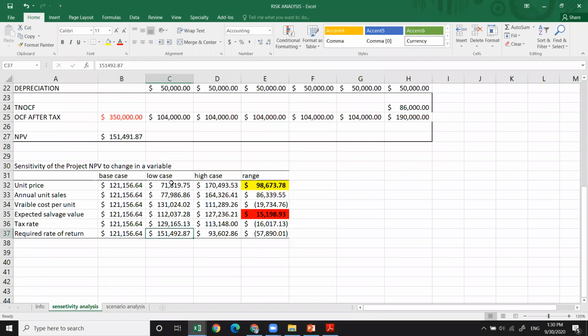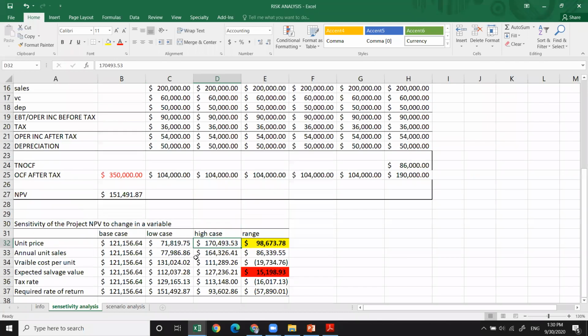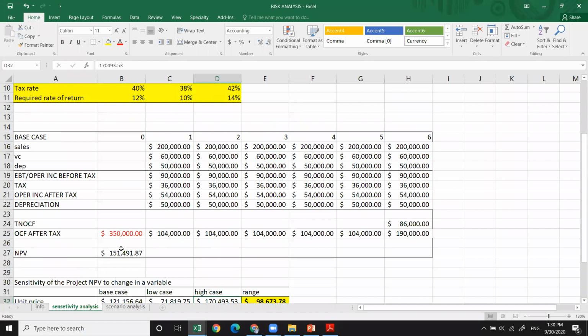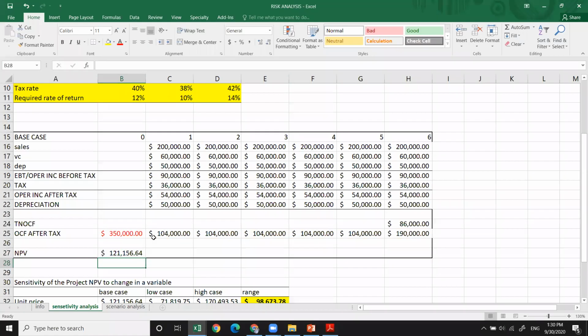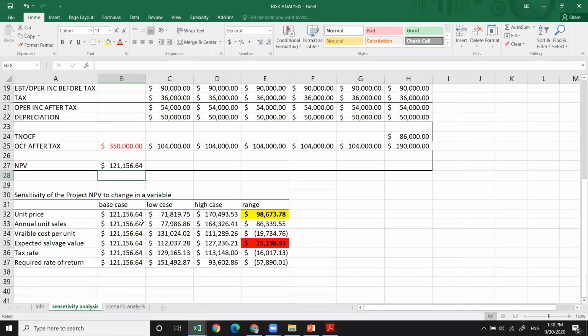So this is the low case I created. You will do the same thing for the high case. Let me do it. So for the high case, I bring everything back to the base level.